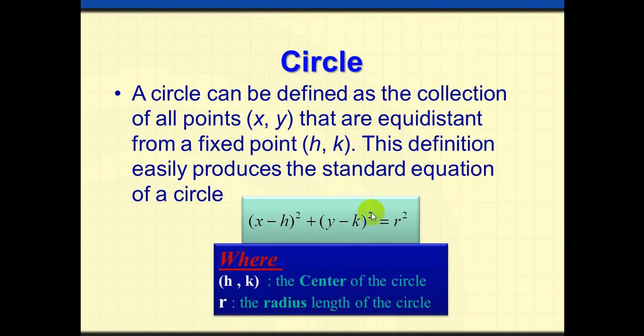From the standard equation of the circle, we need the center and radius length to get the equation of the circle.